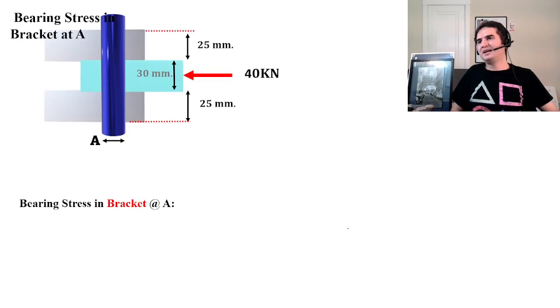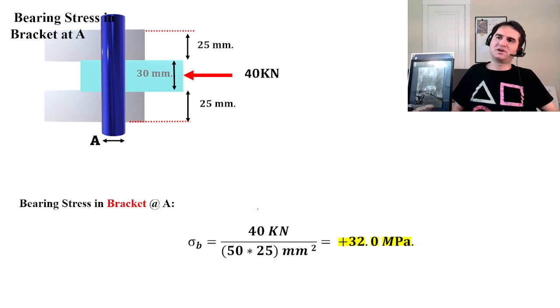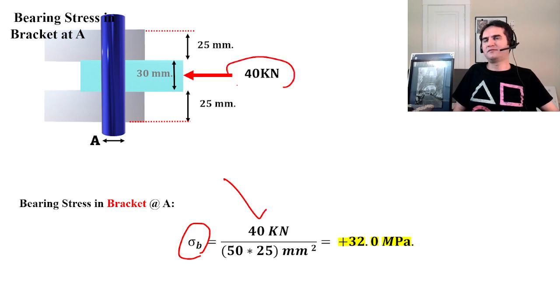And if we want to calculate the bearing stress in bracket A, it gives us a sigma B, which is 40K, again 40 compressive force over this times a 50, which is this part plus this part, again times the diameter.